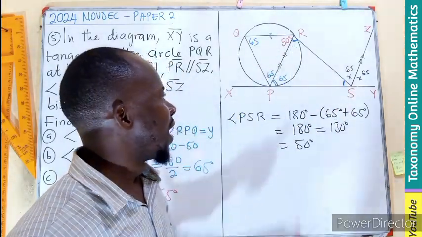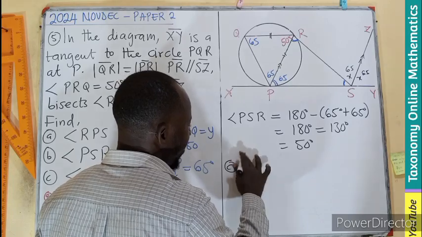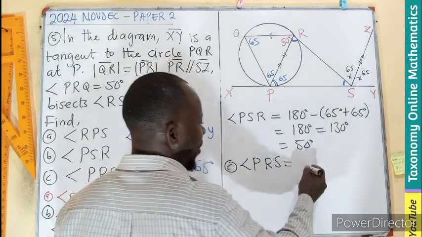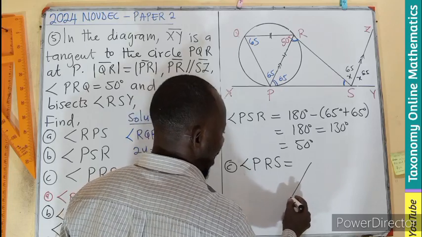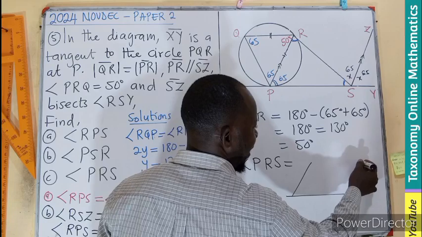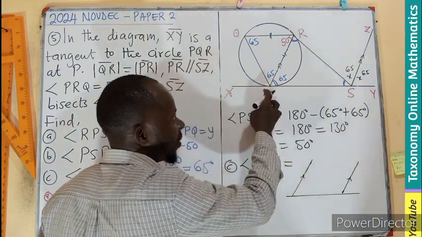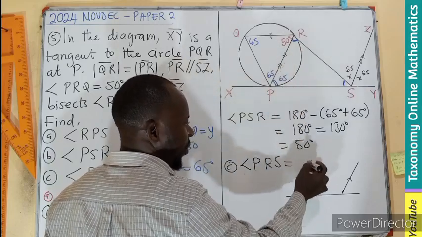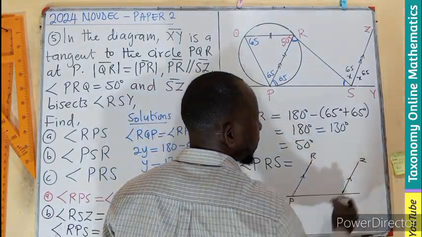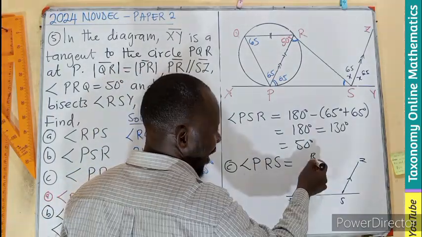PRS. This very angle. Now, if I can say C, the angle PRS, let me just speak it as this is the parallel line, this is the tangent. So this is parallel to this, right? PR, is that not it? XZ. But there is a line from R. So this line is coming here.